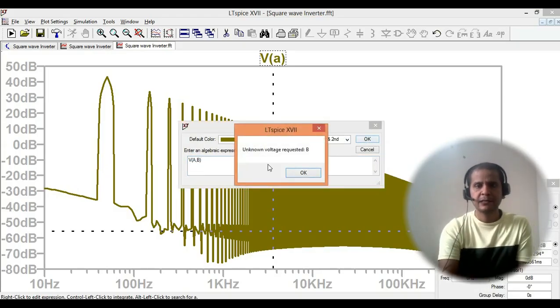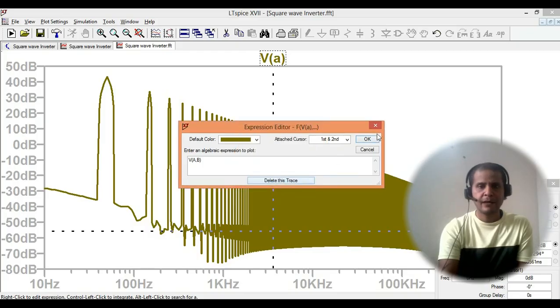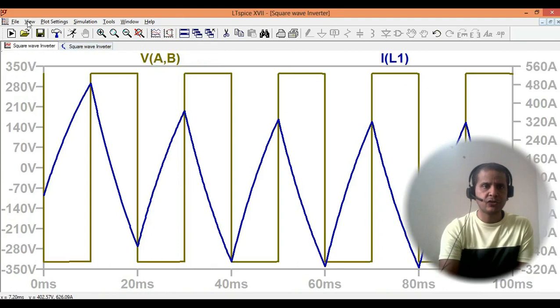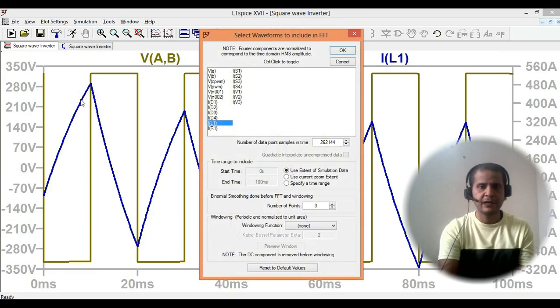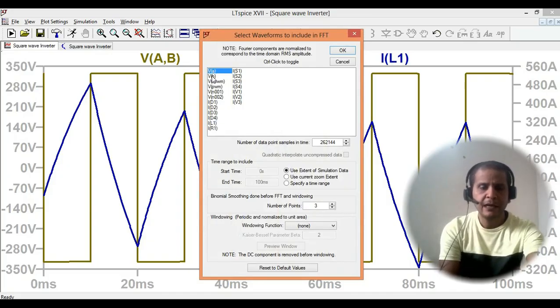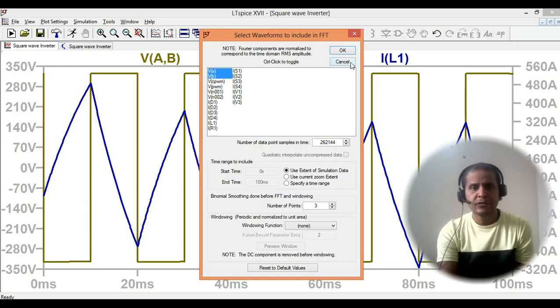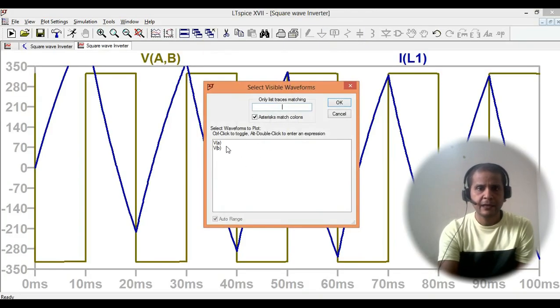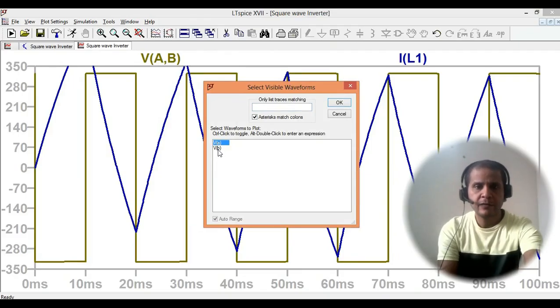Let us place this. It is not there, so let me delete. Let me try one more time to see if it works. So do we have any math operation here? I want VA and I want VB. So then click OK, and they are saying VA and VB.